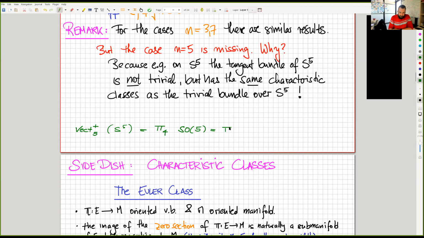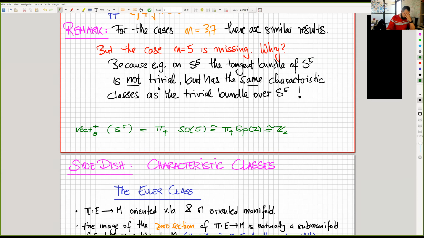And now, if you know a little bit of Lie group theory, you know that the universal cover of this one here is Spin 5, and this is something like the symplectic group in dimension 2, and you can compute that this here is just Z2. So over S5, there must be 2 oriented vector bundles of dimension 5. Of course, there's a trivial one and a non-trivial one. But we know from other reasons that the tangent bundle of S5 is not trivial, right?